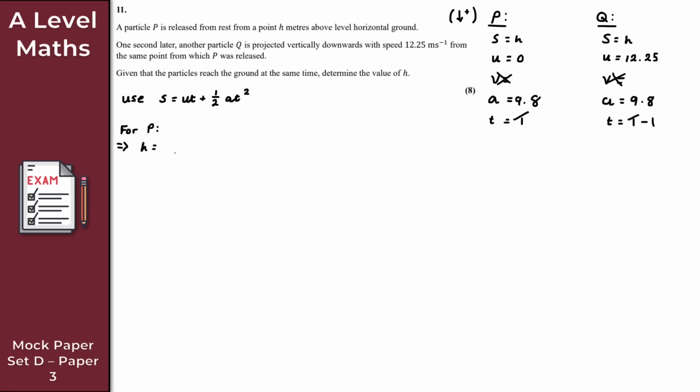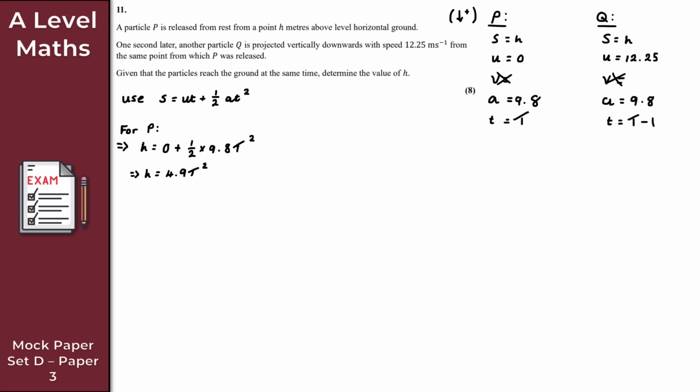You don't have to write the 0, but I'll do it so you can see what's going on. Plus a half times a, which is 9.8, times t squared. 9.8 divided by 2 is 4.9, so h is equal to 4.9 t squared.